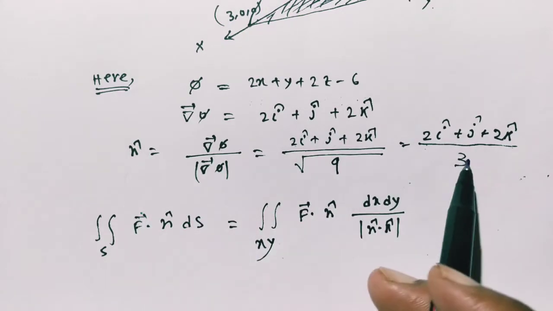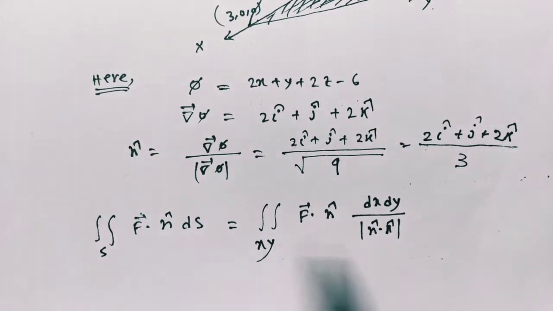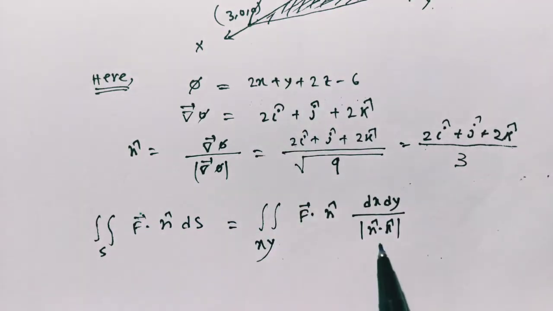And from this n cap we can see that n dot k is not equal to 0, so we can use the projection method and evaluate the integration on the xy plane.